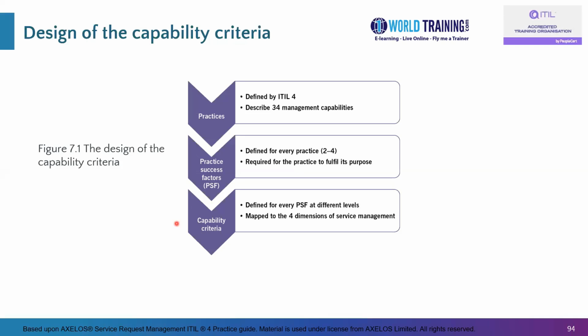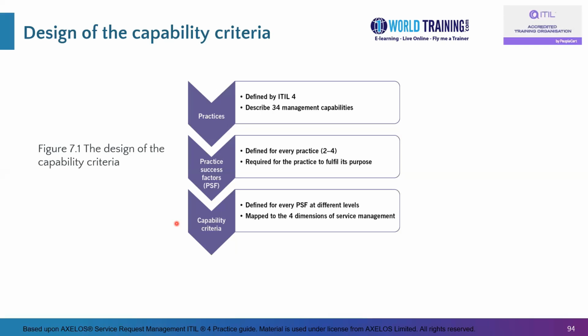And now we are coming to the capability criteria of the capability model. There are capability criteria defined for each level of capability, beginning from level 2 and until level 5. And these are defined for each PSF. And we have 2 PSFs in this practice. So for PSF 1, there will be capability criteria for level 2, level 3, level 4, level 5. And they're also mapped to the 4 dimensions of service management.